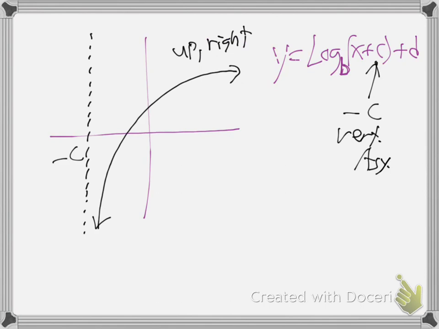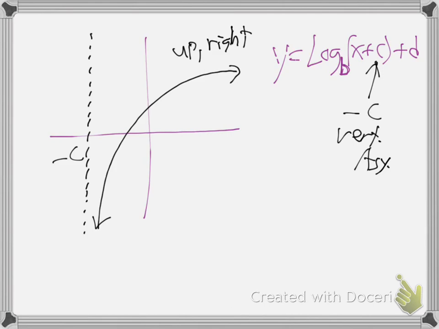Now I'll be talking about the direction of these graphs a lot. So I want to be real clear with that, because you might look at that graph and you might go, well, why, Mr. Heron, are you saying that thing goes up to the right? I mean, yeah, that part goes up, but this part goes down. So what do you mean? I'm not talking about the vertical asymptote. We know that any graph follows its vertical asymptote, right?